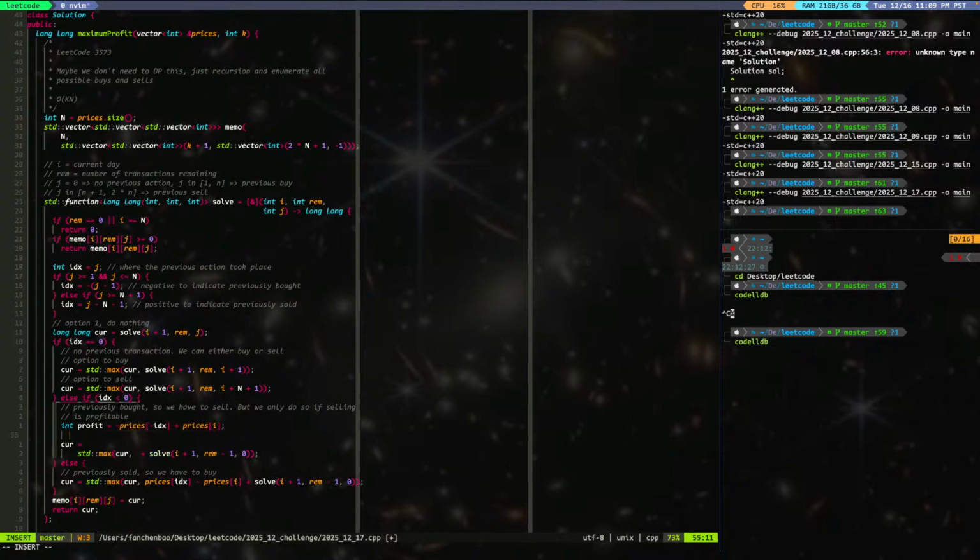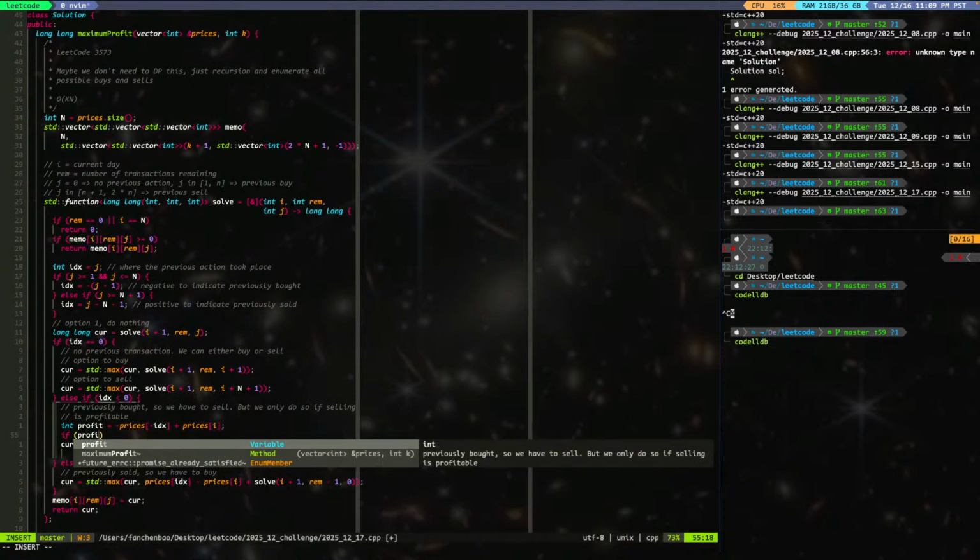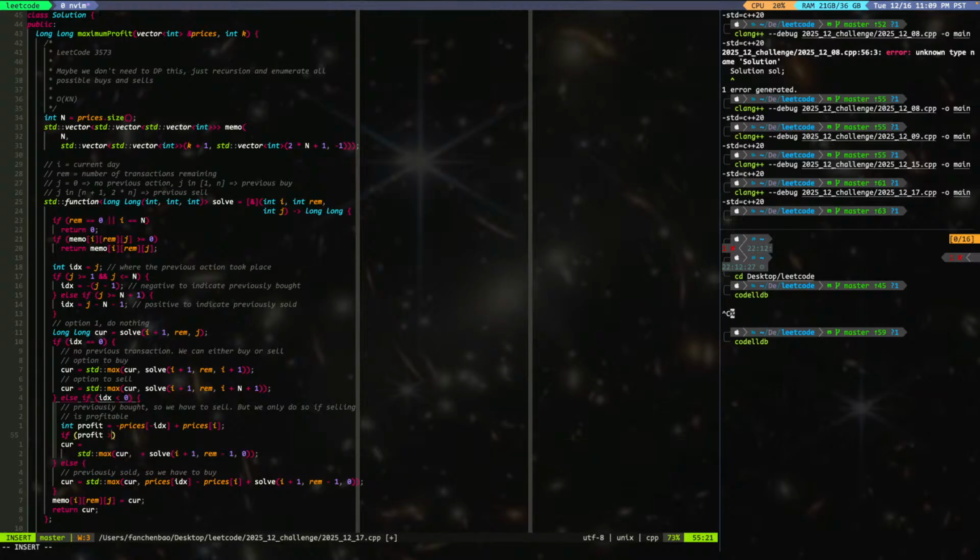Okay, so if profit is larger than 0, if profit is equal to 0, okay, larger equal to 0, then why do you even do it, right?